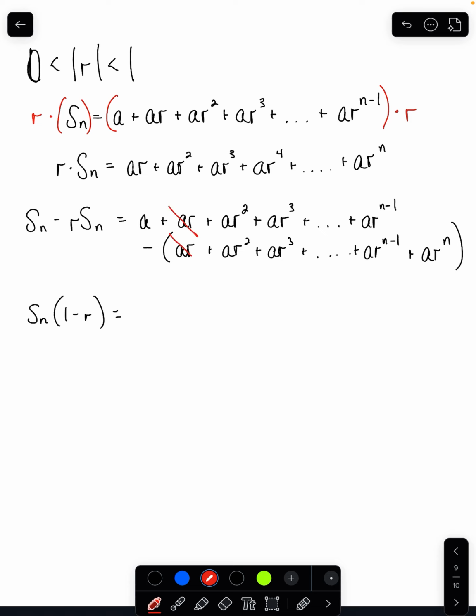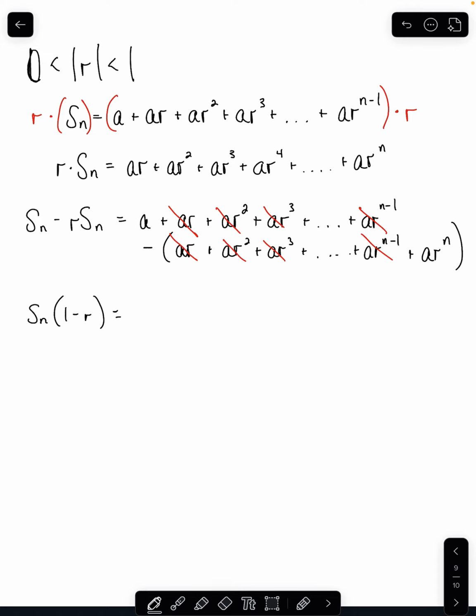And what I have here is that the interior terms, similar to a telescoping series, all cancel out, and the only terms that don't have something to cancel out are the a at the very beginning, and after distributing the negative, a minus a times r to the n, which can have a common a factored out.